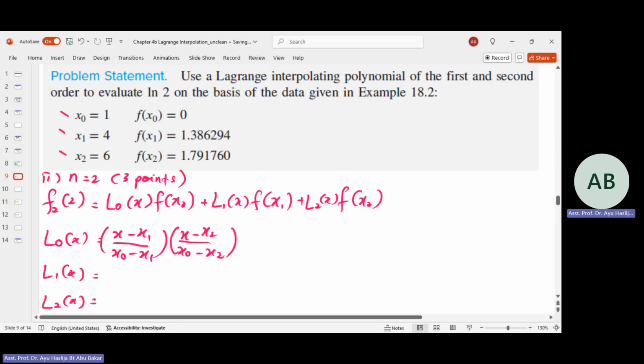Remember the definition of the weighting function is the product of. So you must start from 0, so from 0, 1, 2, 3 until n. So L1 includes all the data points.